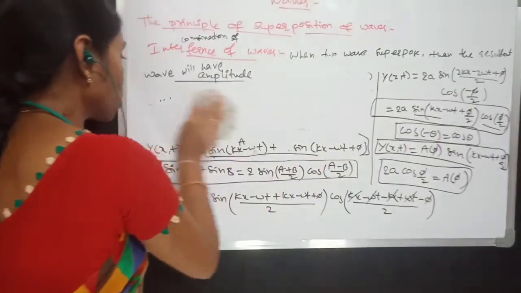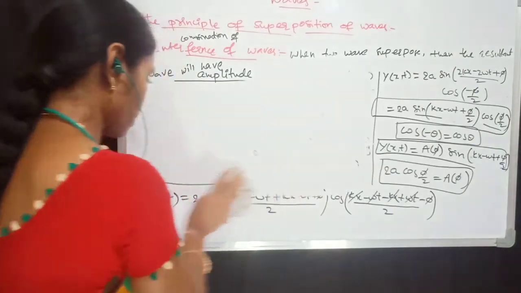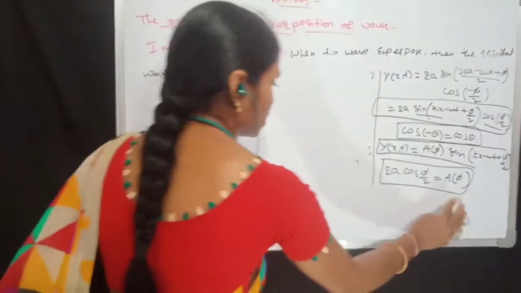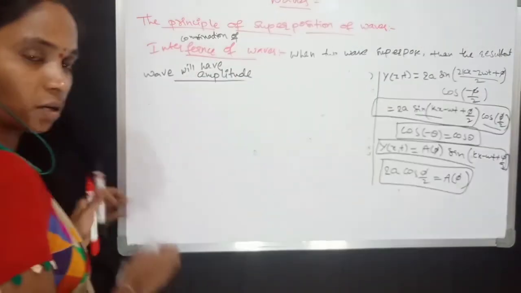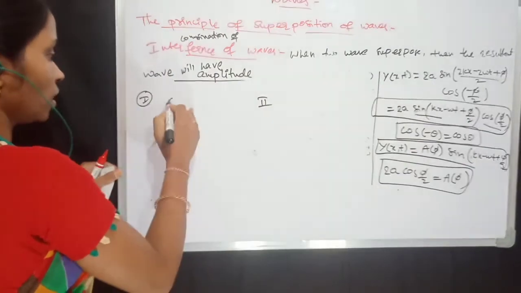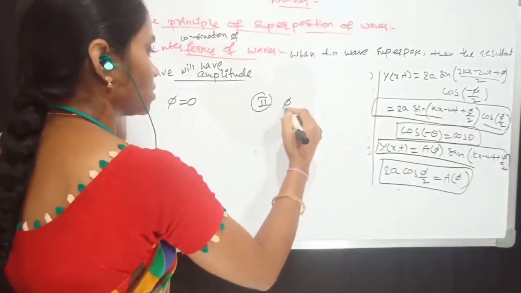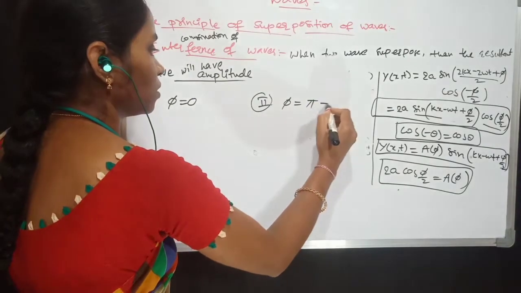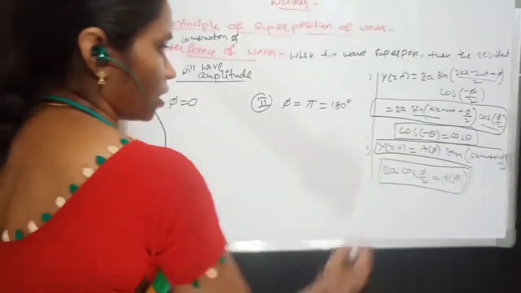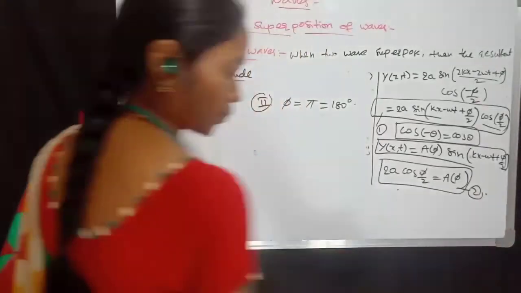Here I am considering two cases: whenever the phase difference is equal to 0, and whenever the phase difference is equal to pi, nothing but 180 degrees. This is equation number 1, this is equation number 2.